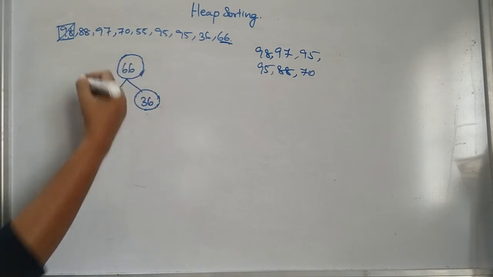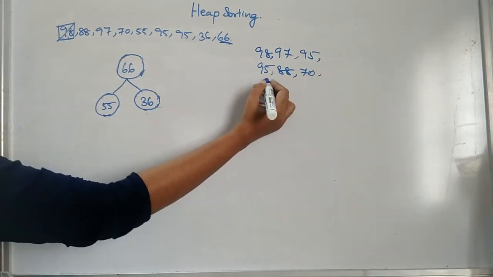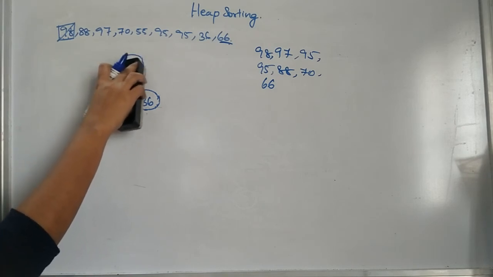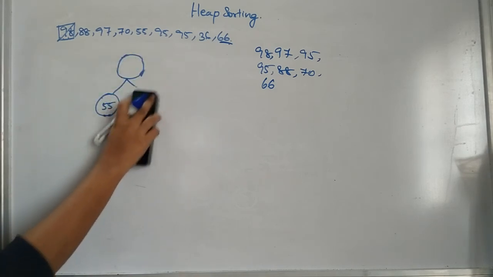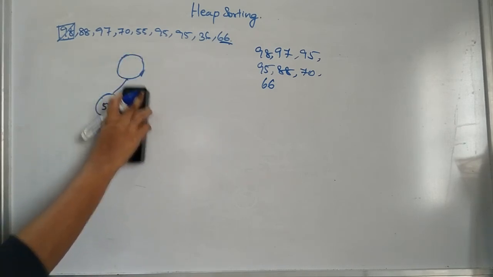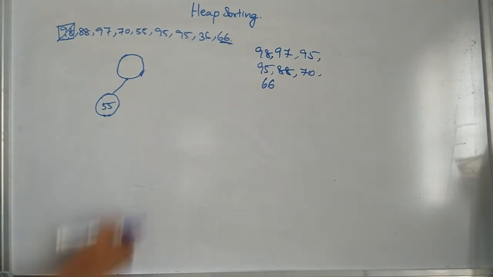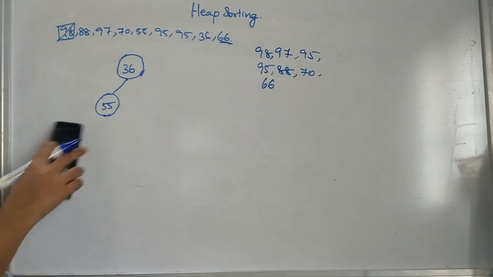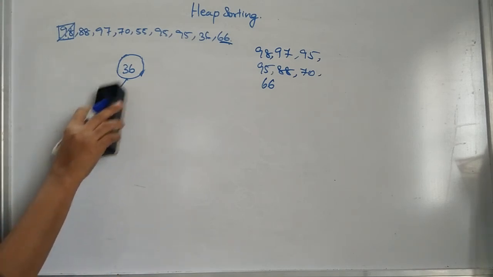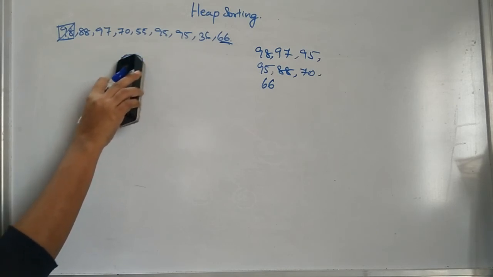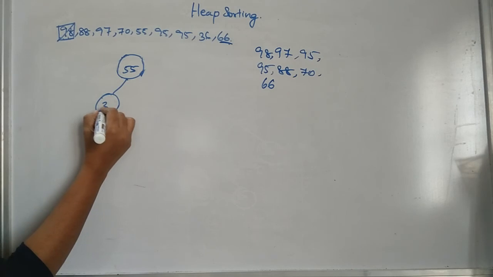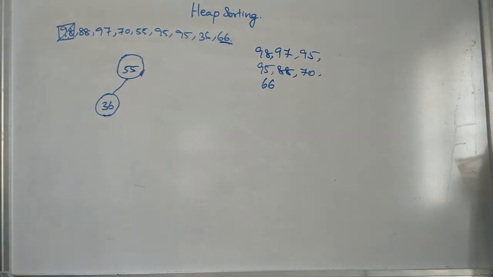Next, I'm going to remove the element 66 again. If I remove 66, it must be replaced by the last element, which is 36. Checking the condition, 36 is less than its child 55, so we do the swapping operations. 55 will appear here and 36 will appear here.